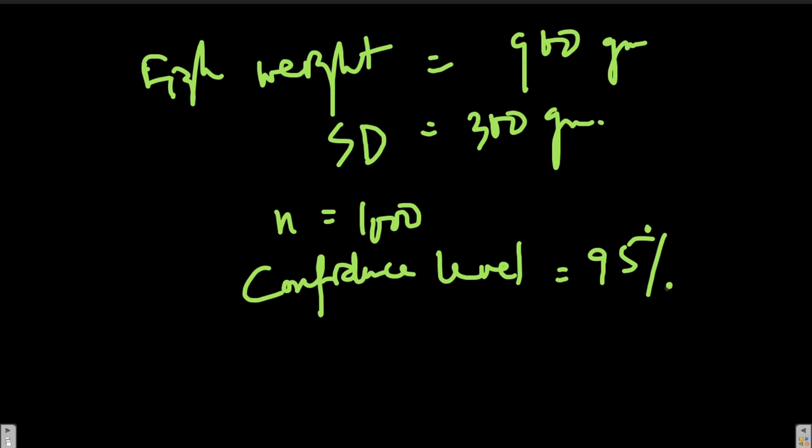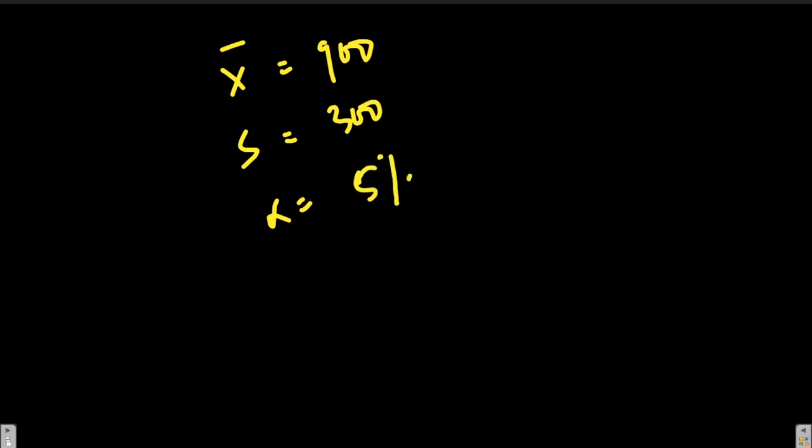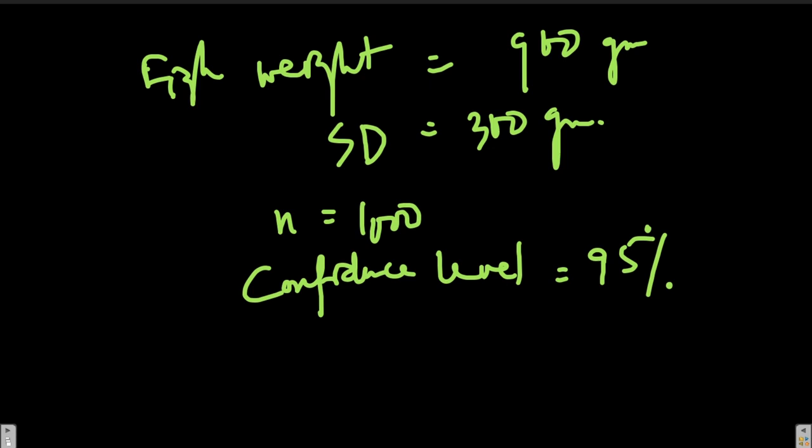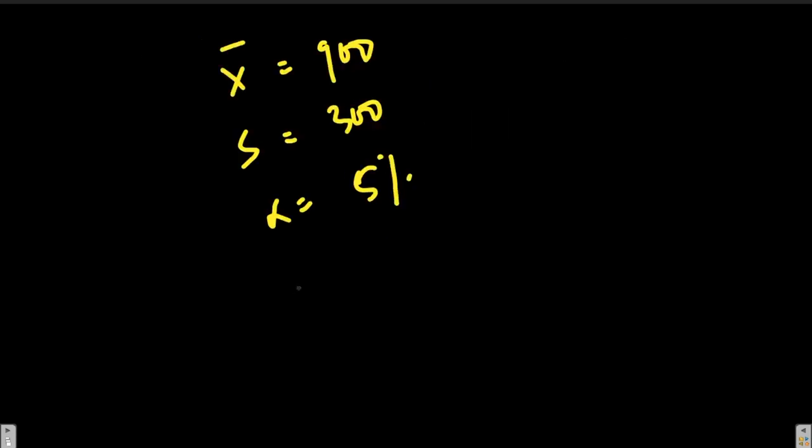So if I write down all these different pieces of information in terms of notation, x bar is equal to 900, s is 300, alpha is the level of significance, which is 1 minus confidence level, 5%. Because we are going to use a t-statistic, as we don't know the population parameter, I also have to have the degrees of freedom.